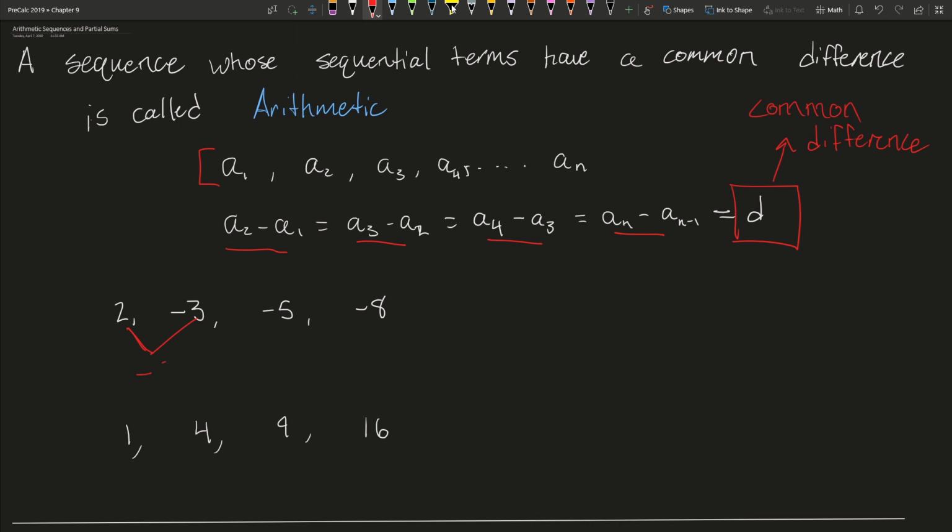All right, so I'll do -3 minus 2 is -5, right? -5 minus -3, sorry, -3 minus 2, that's -5. -5 minus a -3, I think I wrote this down wrong.